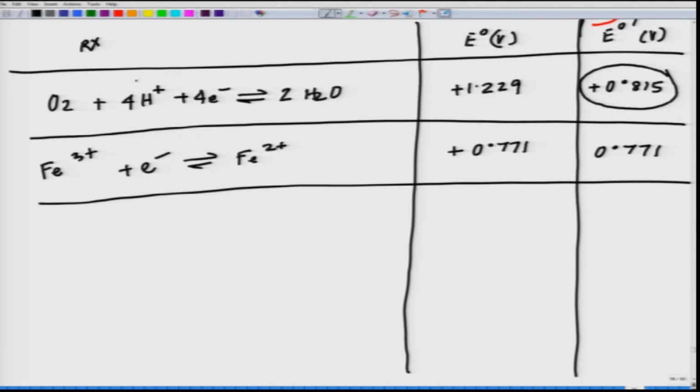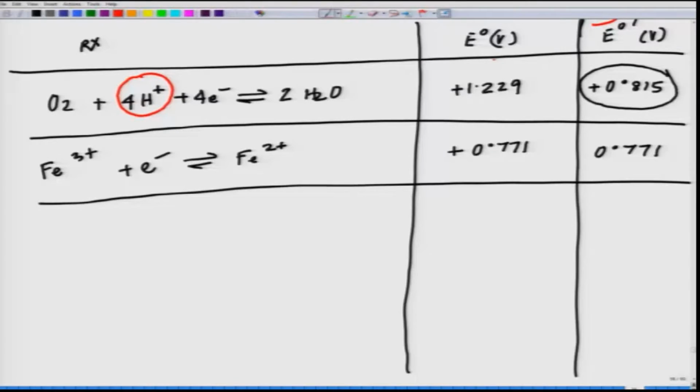Because in the previous case, H plus ions were involved. Whenever pH is involved, the storyline is going to change, and when pH is not involved, it will remain the same. So please appreciate these two interesting situations.